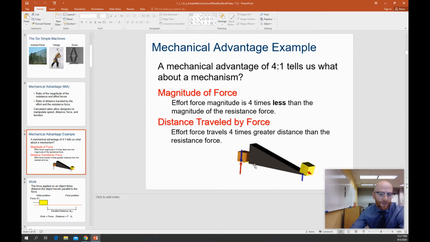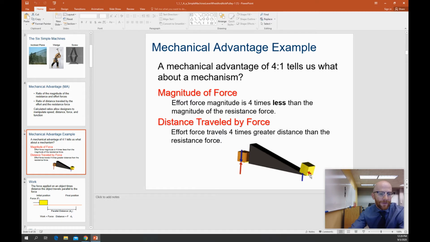If we weren't using the ramp, we'd have to lift 400 pounds, right? And that's not perfect because that's actual mechanical advantage. But if we're just dealing with the distance and we say 3 and 12, we take the distance of the effort divided by the distance of the resistance, which is the 3 feet. 12 divided by 3 is 4-to-1.